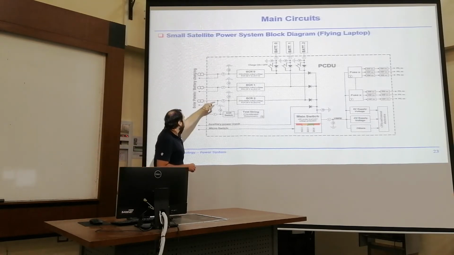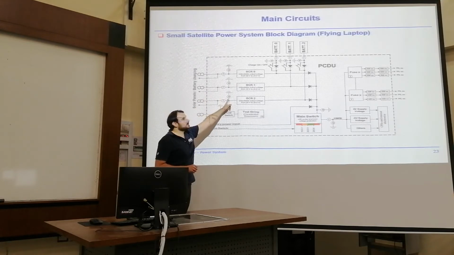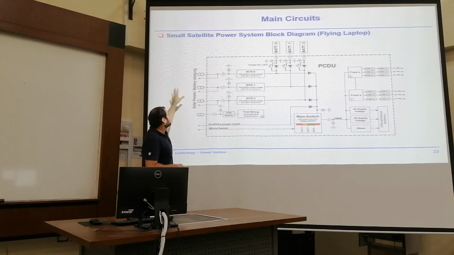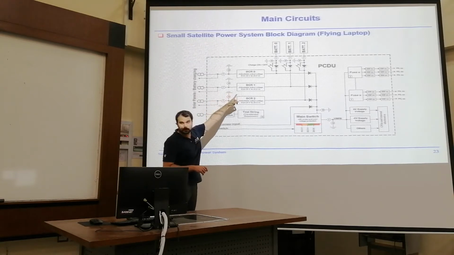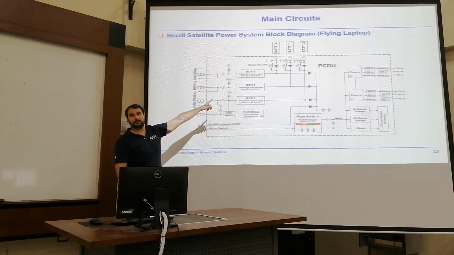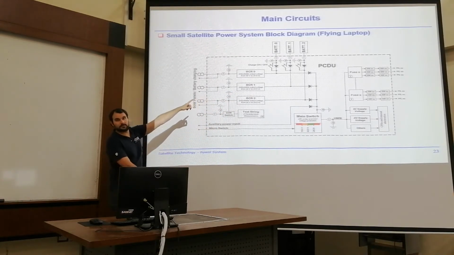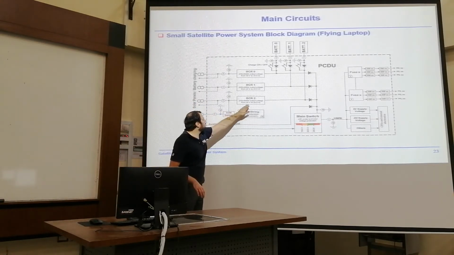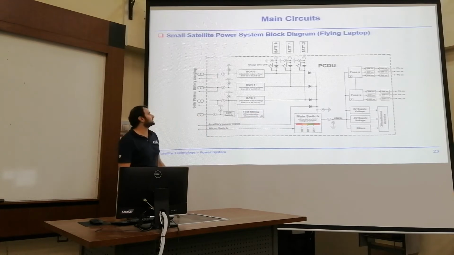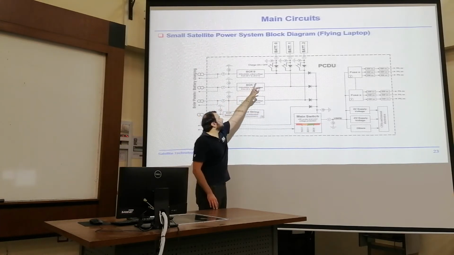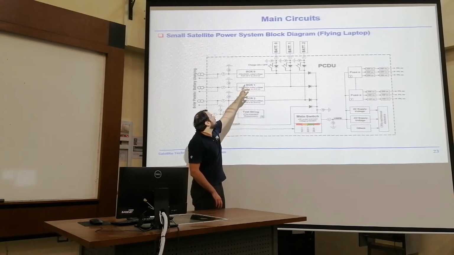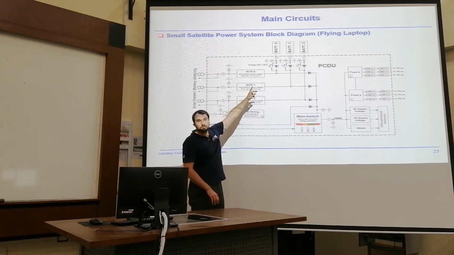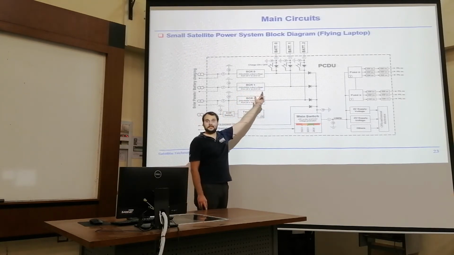For every solar panel, we measure the current and the voltage for telemetry purposes, and that goes into our BCR units. Here we can adjust our output voltage. Moreover, with the batteries, we can decide if we want to charge or discharge the battery.